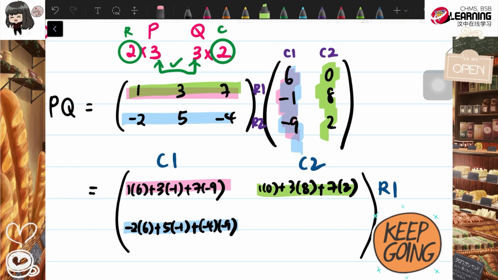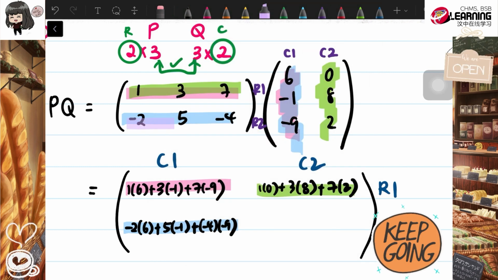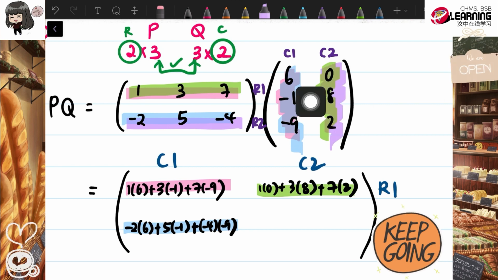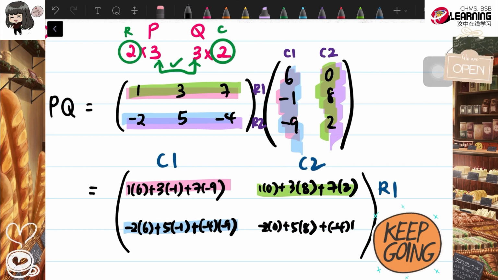Like that. And your second row, second column is here. It will be from here and this. Second row and second column. So negative 2 times 0 plus 5 times 8 plus negative 4 times 2.